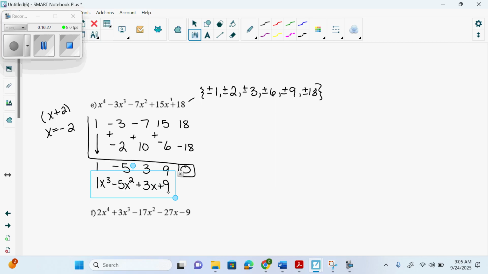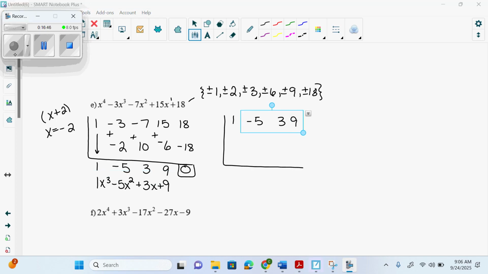You'd put this function into your calculator and look for an x-intercept, right? So try that out. Did anyone get an x-intercept? Negative 1. So we get x plus 1.